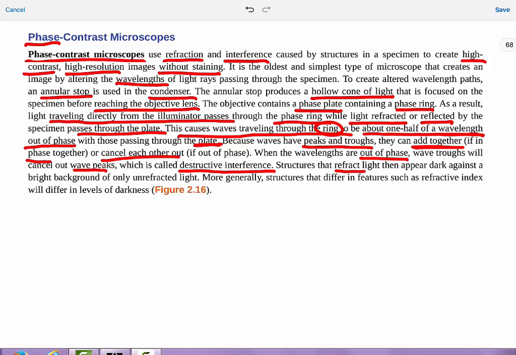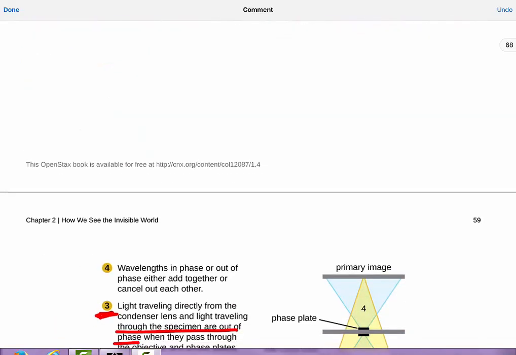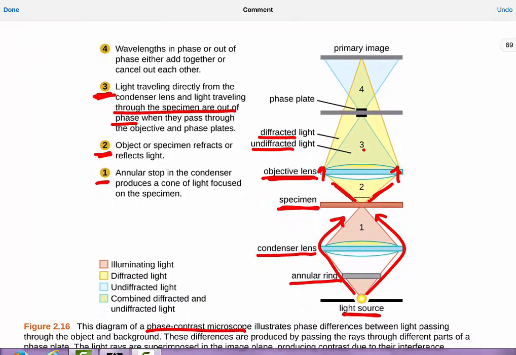Structures that refract light then appear dark against the bright background of only unrefracted light. More generally, structures that differ in features, such as refractive index, will differ in levels of darkness. Let's scroll down and take a look at the diagram again.